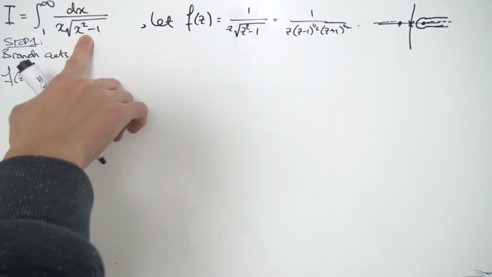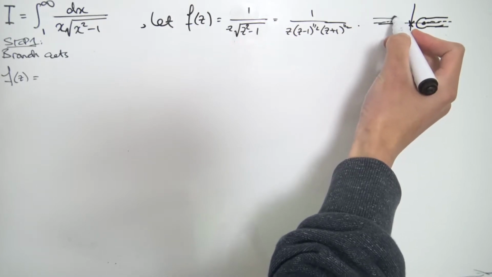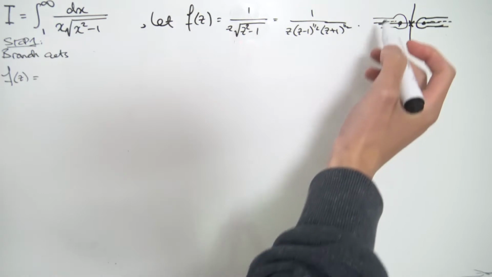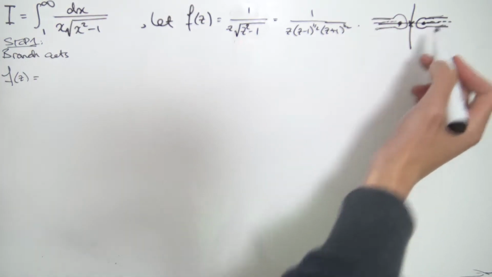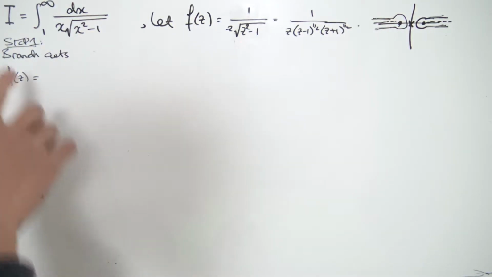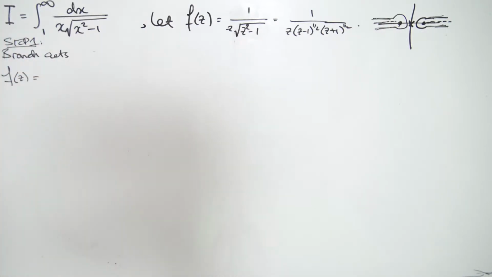And because this integral is nice and symmetric, we can do the same kind of symmetry on the other side. It turns out that the integrals along these four paths are related to each other in a very nice way, and that's why I called the integral I here. So they're all related to I.